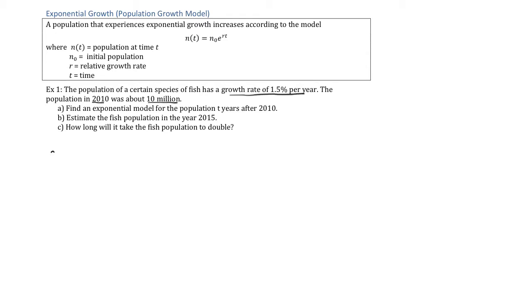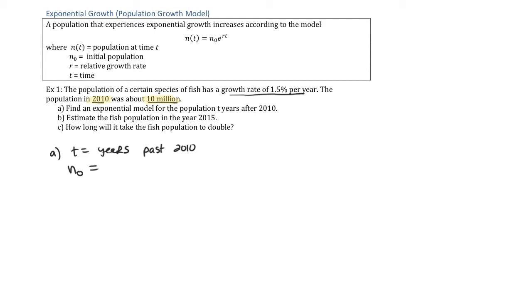Okay, so part A, we're supposed to find an exponential model for the population where t equals years past 2010. If 2010 is our beginning time, t equals 0 is 2010, so then N naught would be that 10 million. That's the population that we had at the beginning.